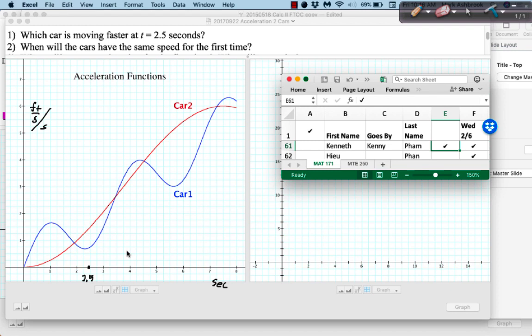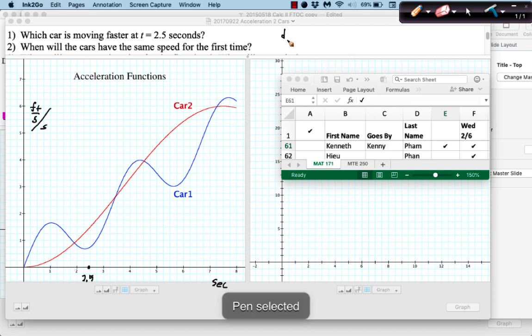Accumulation of acceleration. Okay, so it's not the accumulation of acceleration. Acceleration is the rate. We're not accumulating the rate. We're accumulating small changes in speed using the rate, right? It's a times dt.